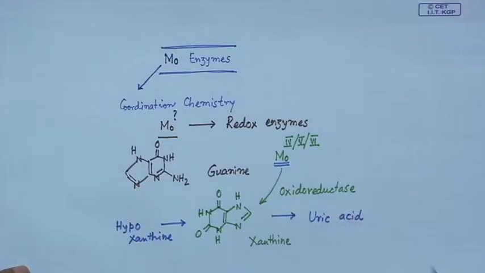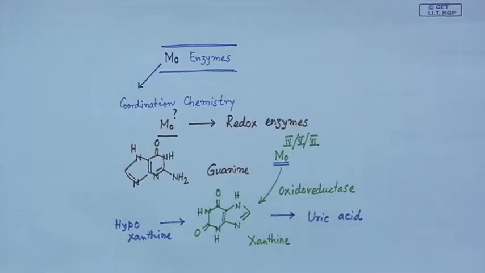So, all these reactions are basically catalyzed by that particular molybdenum center, and we should know the basic structure of these molecules and what the differences between these structures are, that means how xanthine is different from guanine.